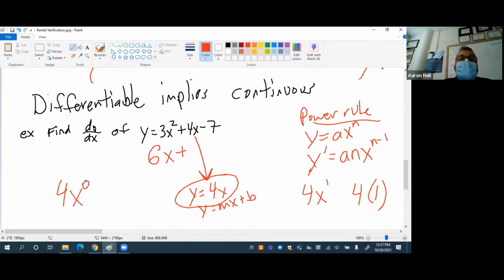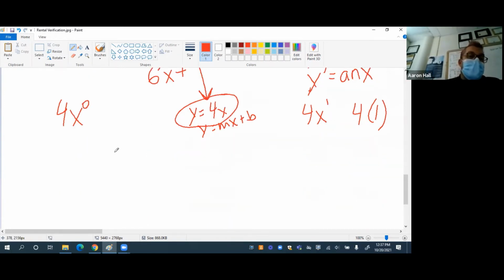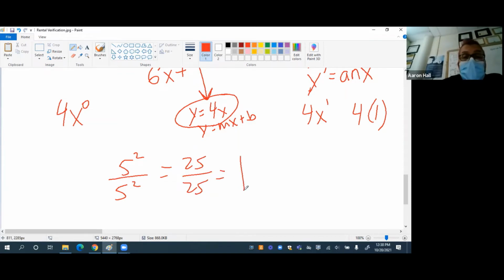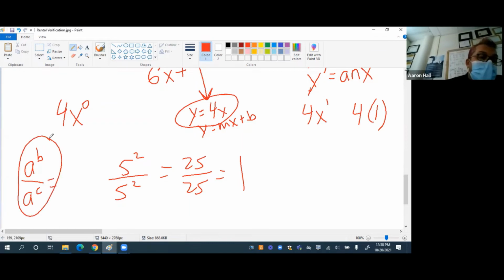So we have a law, one of our laws of exponents, says, let's look at 5 squared over 5 squared. Now 5 squared over 5 squared is 25 over 25, so that has to be what? It's 1. Now we also have a law that says if I have a to the power b over a to the power c, how do I combine this?